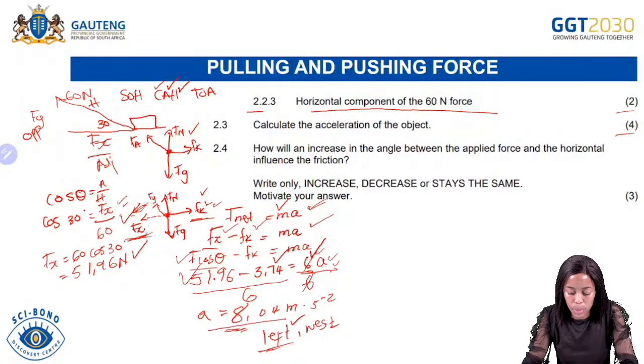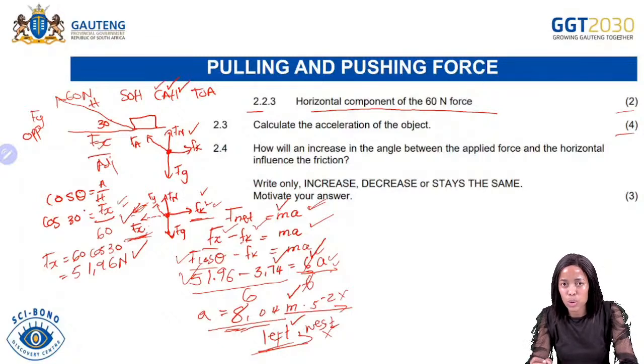We'll also give a mark for the final answer, but that final answer must have the correct units and the correct direction. Then you will get your full marks. But if you write your answer with a wrong unit or a wrong direction, then you will only get 3 marks for the formula, the substitution on the left and the substitution on the right, but you will not get the 4th mark.